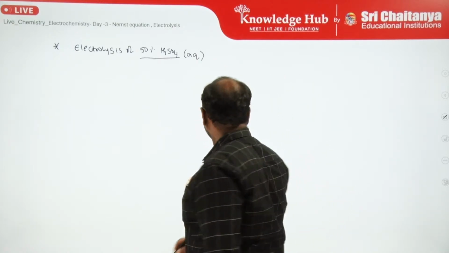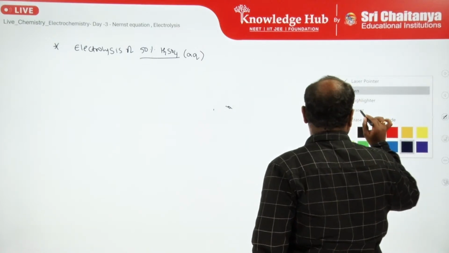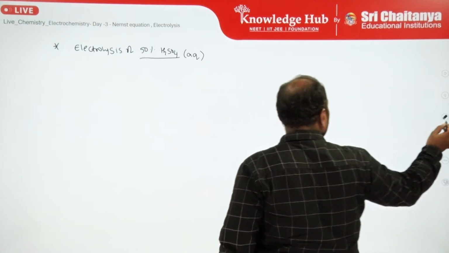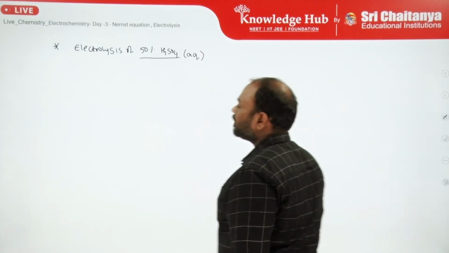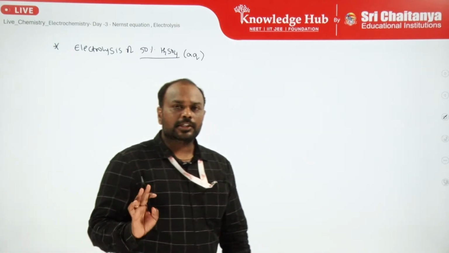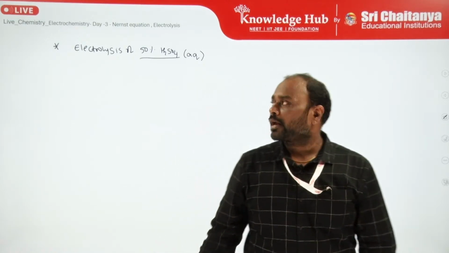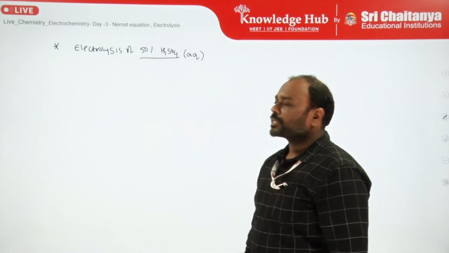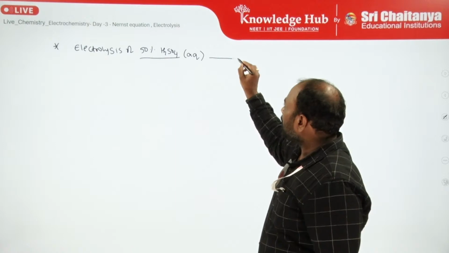At this condition, what products do we get? This question is given to you. In the next session I will give the answers. Electrolysis of 50% sulfuric acid, what are the products?